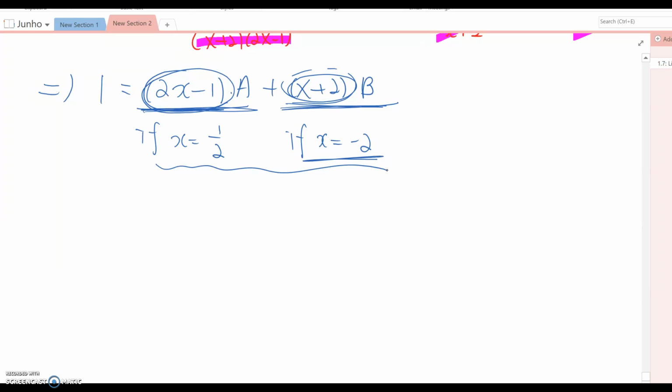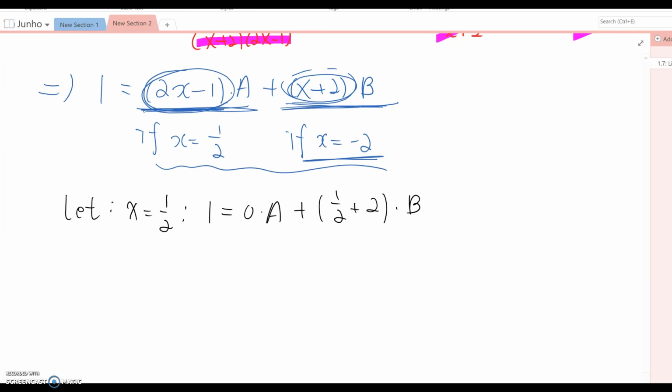Okay, so now we set up, let x equal 1 over 2. Then this equation becomes 1 equals 0 times A plus (1 over 2 plus 2) times B here.